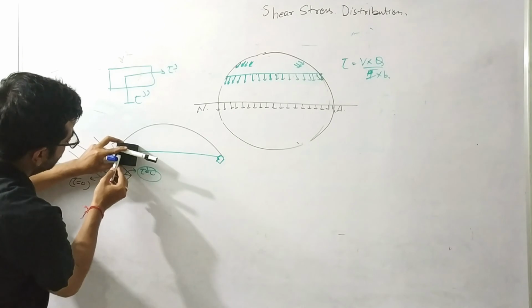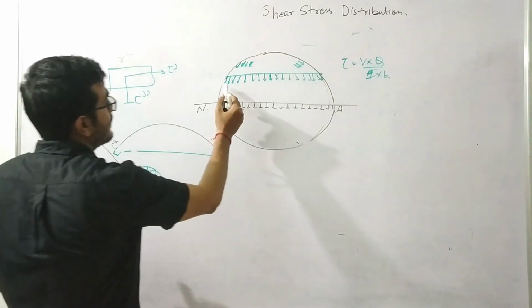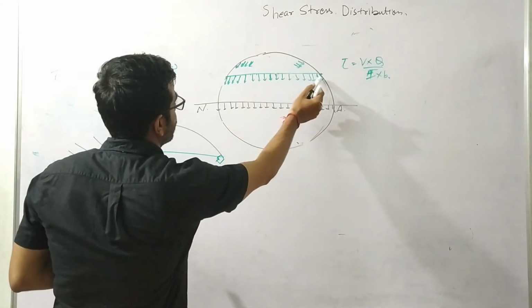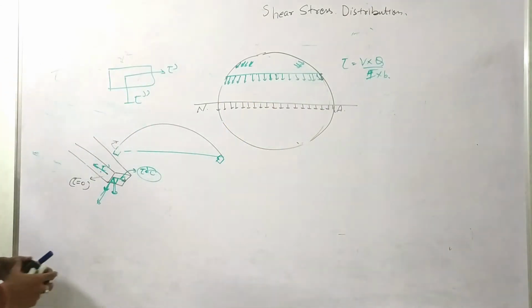So if this is 0, then the resultant will also act in this direction only. This is why at this point I'll be having stresses that are a little bit inclined. This is the thing I want to tell you.